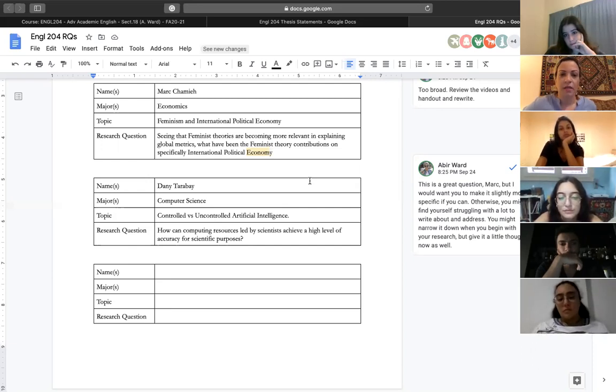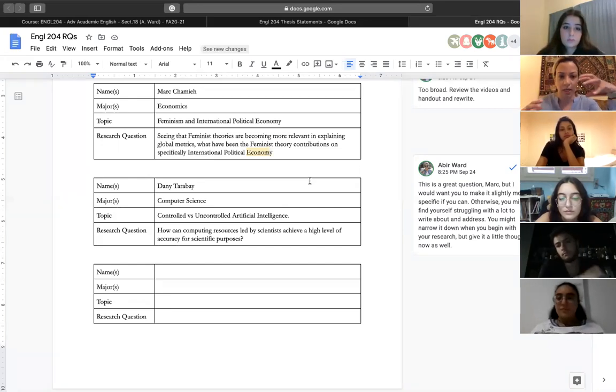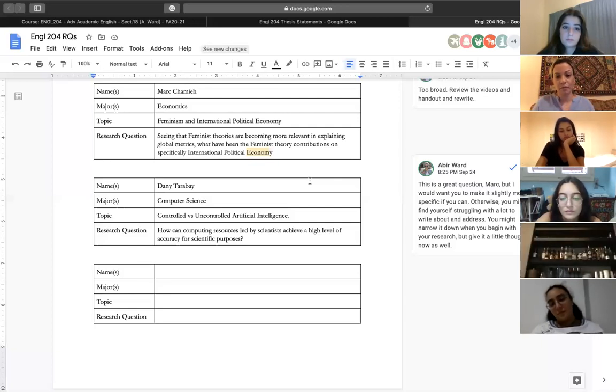A vein to see how feminist theory contributes to something in international political economy that is much more specific. Those are two broad umbrellas. You're talking a theory and you're talking international political economy. So very, very broad, two things, one used to explain the other. Does that make sense? Yes.